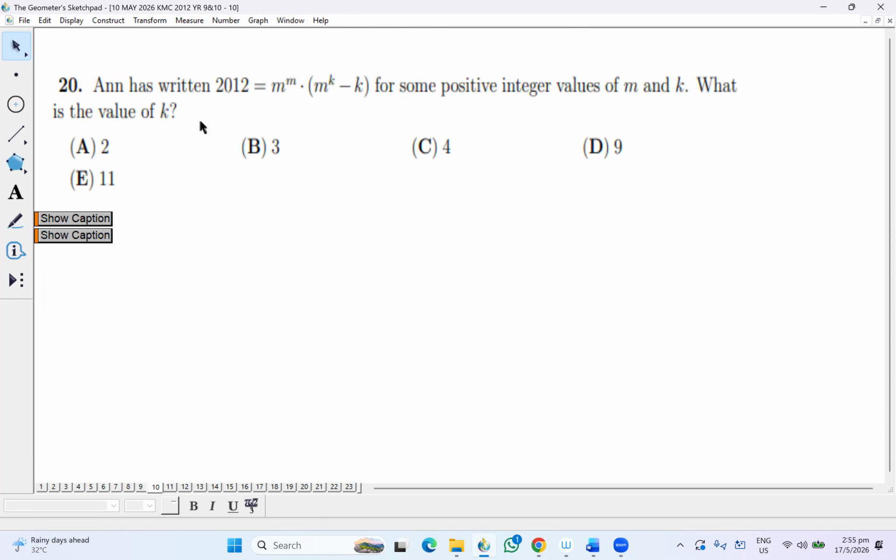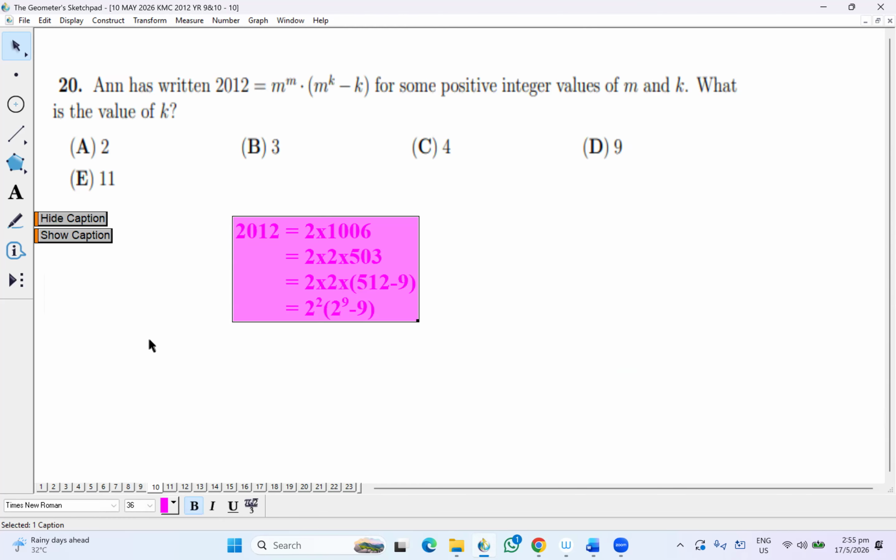So we have to look at 2012 first. 2012 is 2 times 1006, divided by 2 again, 2 times 503. Then we see the power: 512 is a power of 2. 2 power 9 is 512.